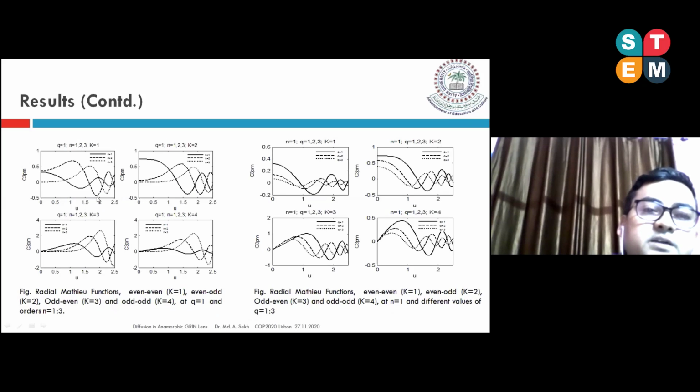The same was done for the radial function: we plotted all possibilities and combinations of the radial function in two ways and compared all these results, and again it is a good match.